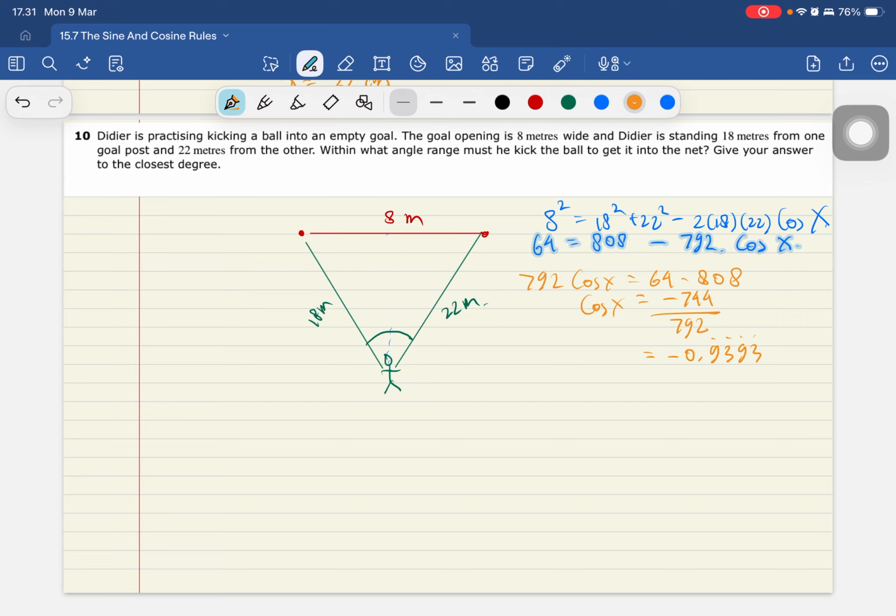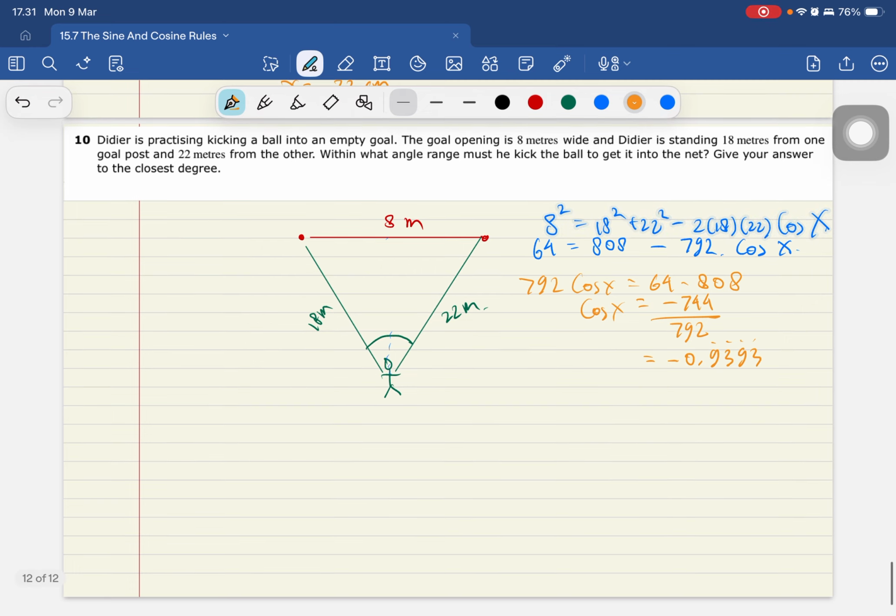Within what angle range must he kick the ball to get into the net? Give your answer to the nearest degree. We can make it inverse.